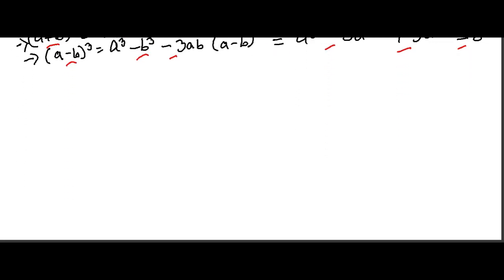The next ones we have to know are actually 4 in a sequence. You have to remember all those 4 in a sequence. The first one that you need to know is x plus a into x plus b.